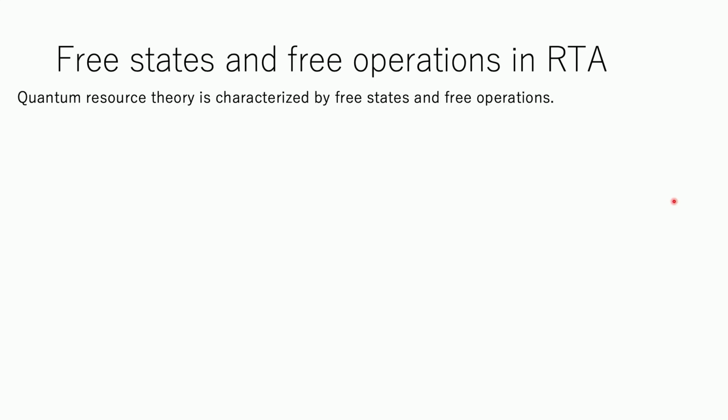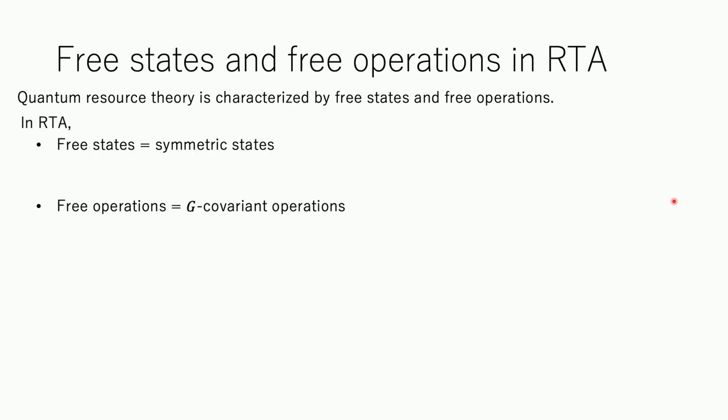In order to explain our result, let me first provide the definition of the resource theory of asymmetry. Any quantum resource theory is characterized by specifying the free states and free operations, which are assumed to be easily prepared and easily implemented. In the resource theory of asymmetry, free states are symmetric states, and free operations are G-covariant operations.